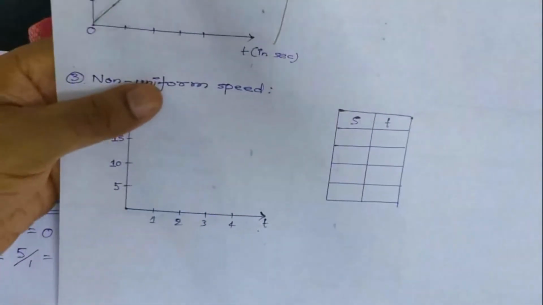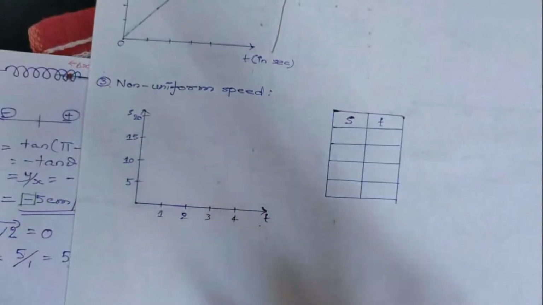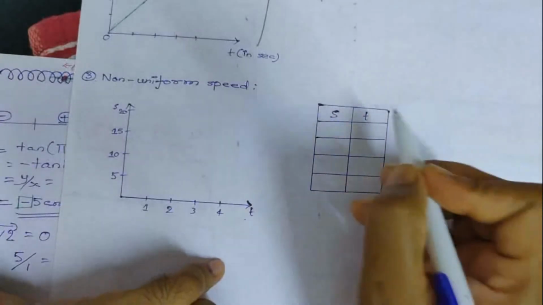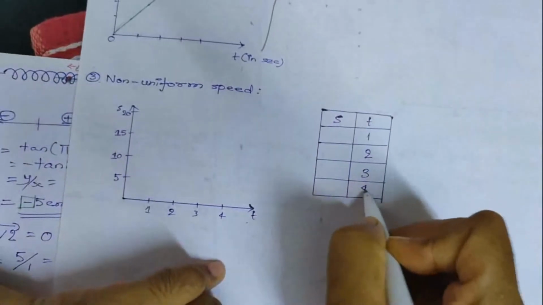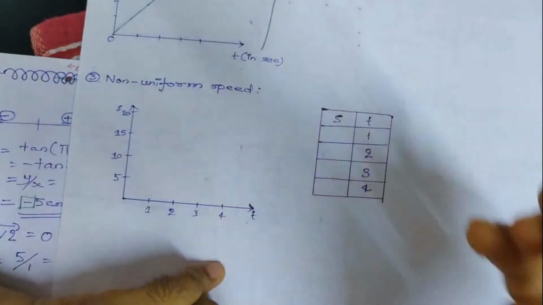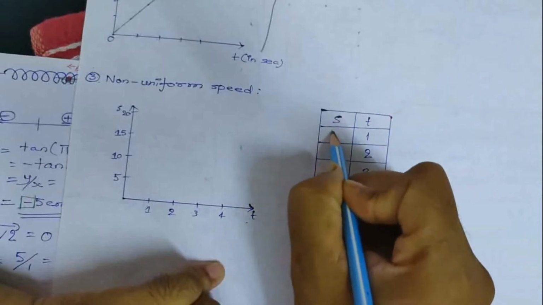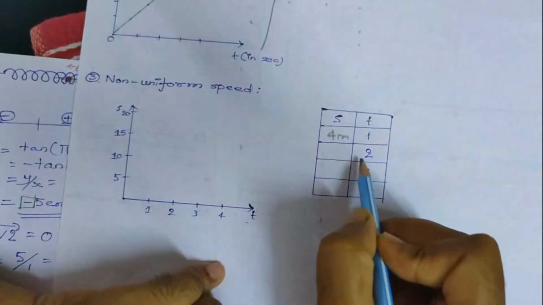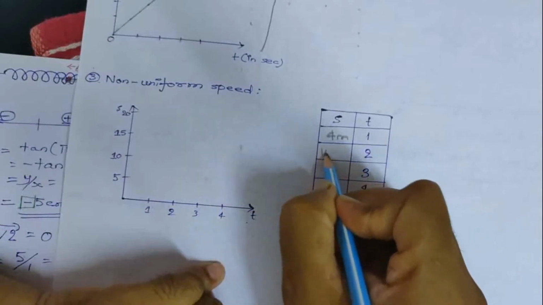Similarly, there can be a case wherein speed is non-uniform. Yeah, this is very simple to draw. Just 1 second, 2 second, 3 second, 4 second, right? And distance, let's say in first second the object covered 4 meter. In second second it covered a distance of how much? Say 10 meter.